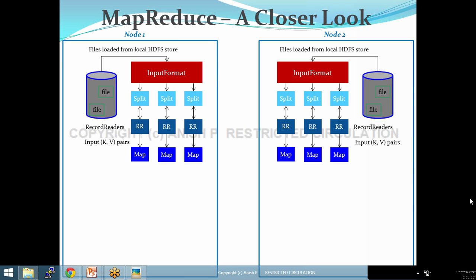Deepak is asking, so we need a custom or non-default record reader for XML to read one XML node at a time. Correct, Deepak. At the input format level, we need to write a new input format. Our default input format, that is text, is considering one line as a record.